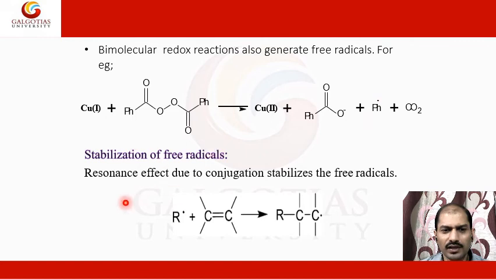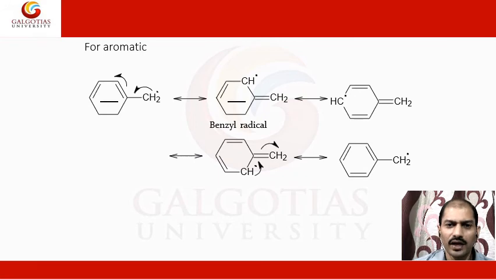Similarly, stabilization is also very important, because the resonance effect due to the conjugation stabilizes the free radical. So here you can see the resonance. If you can make a number of resonating structures, the free radical can be more stabilized in that case. So there are a number of this kind of reaction.